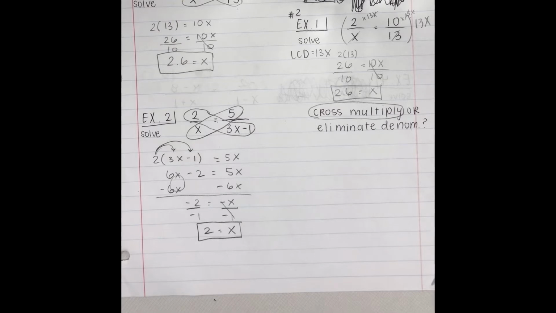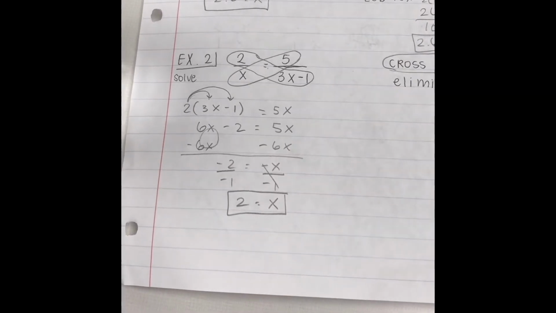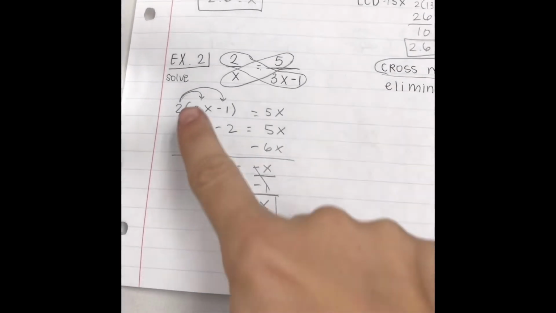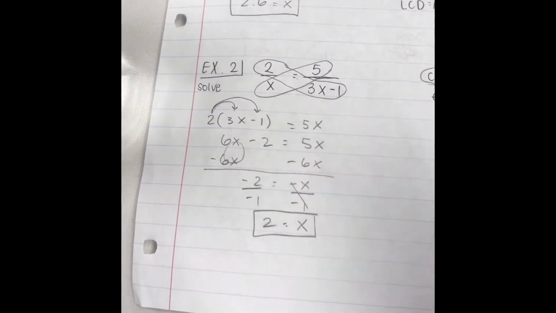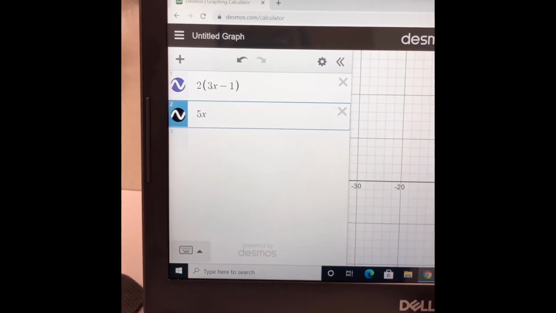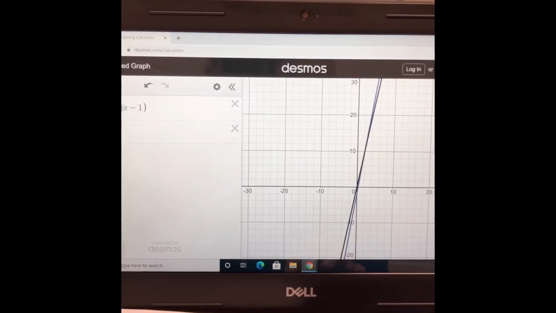Okay, and we can check our answer. Let's look. Okay, so this is the equation I'm checking, okay? What I did is I went to Desmos.com and I typed in this half, the 2 times 3x minus 1, and I typed in this half, 5x, okay? So on Desmos.com, I typed in both halves of the equation and I've graphed them, okay?